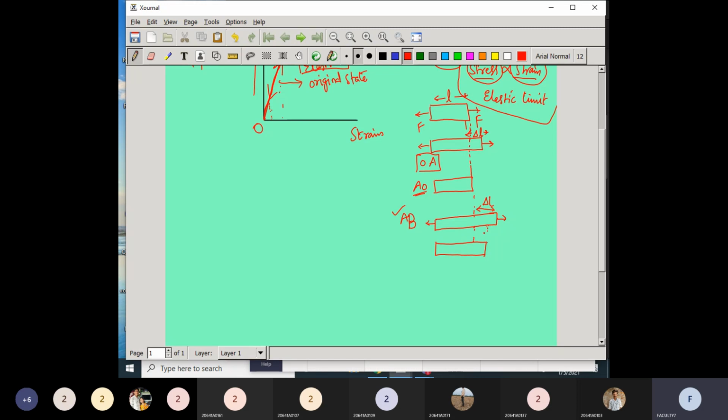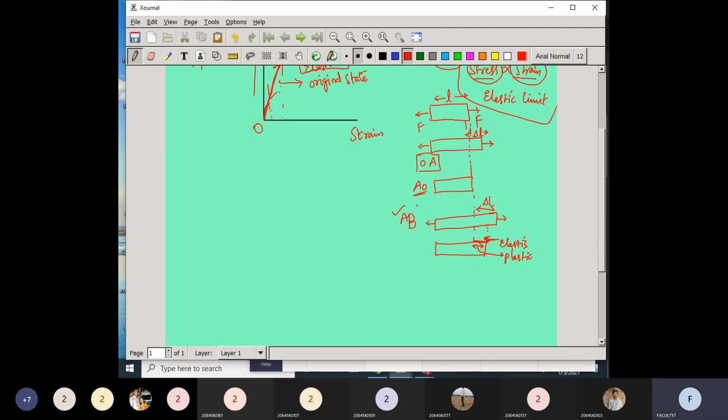Even after removal of the forces, it is coming back, trying to regain its original state, but some extra part is remaining. Regaining this part is the elastic property, but the extra length is the plastic property.